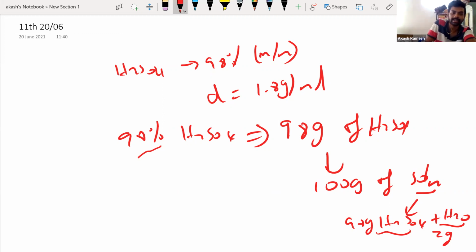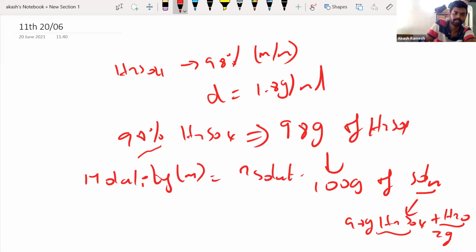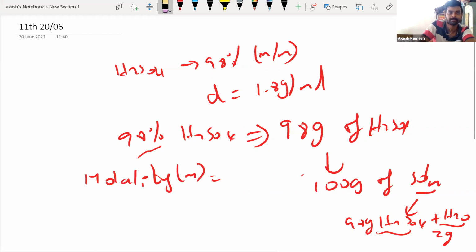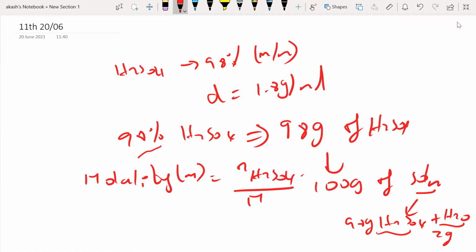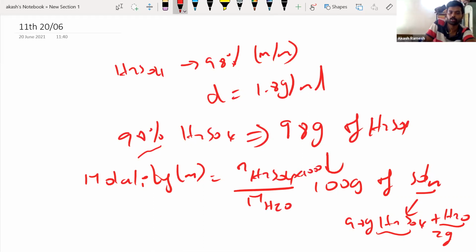Now I can easily calculate the molality. Small m. What is the formula? Number of moles of solute, in this case H2SO4, divided by mass of solvent, which here is H2O, into 1000.